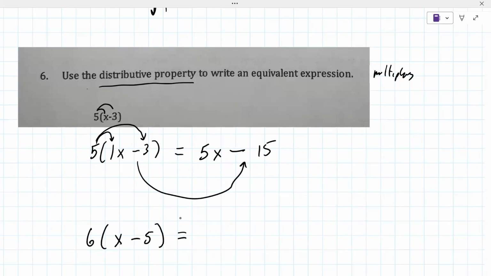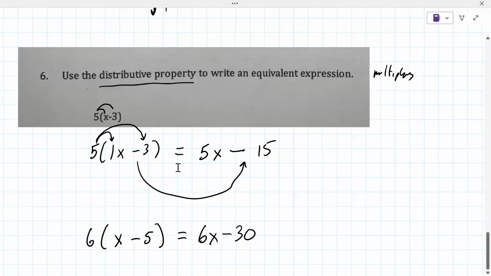What does this become? 6x minus 30. Very good.